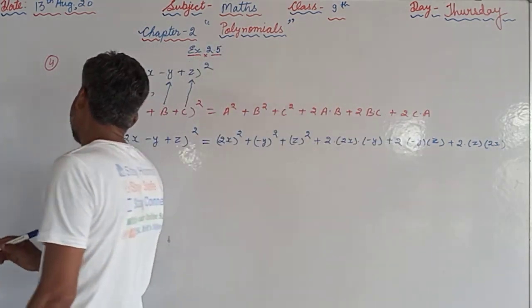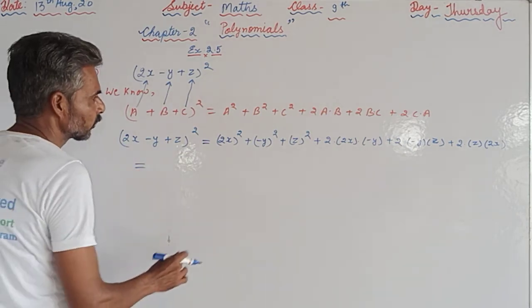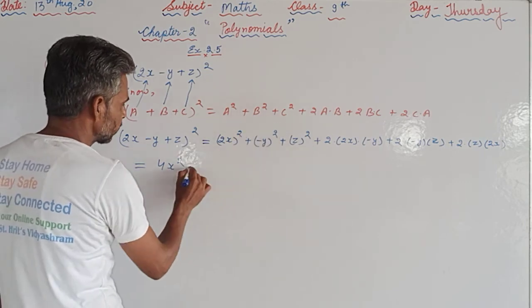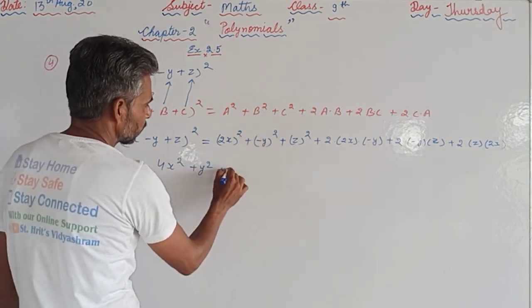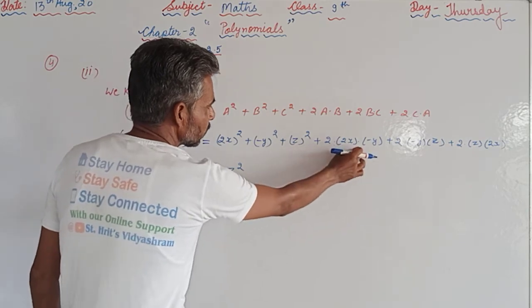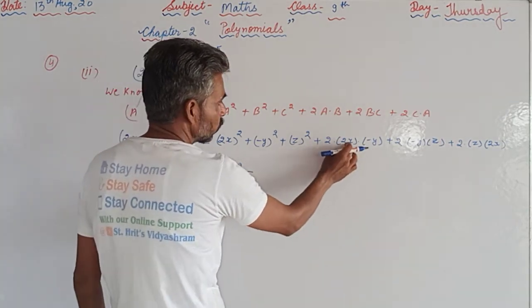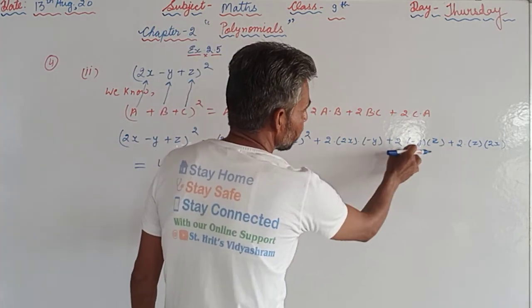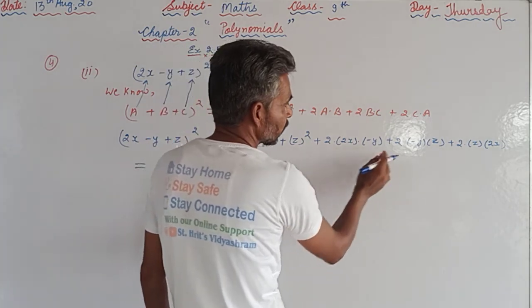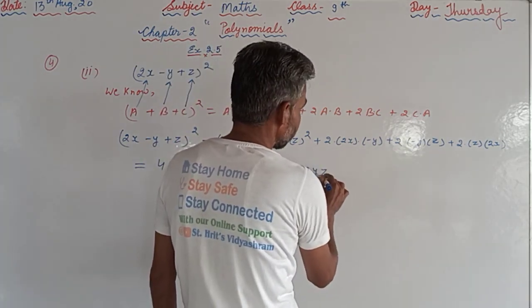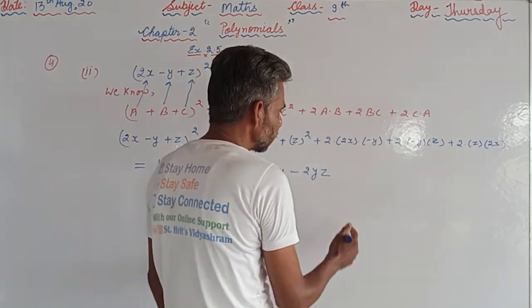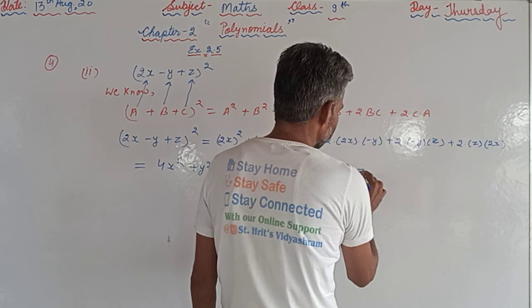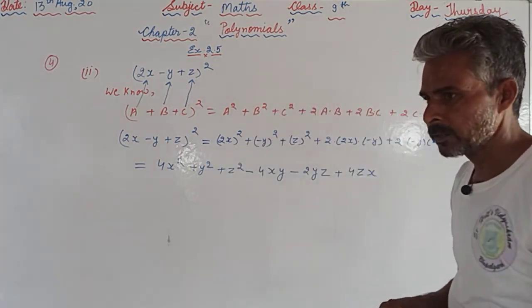Afterwards we write the answer in standard form. (2x) whole square means 4x square, (-y) whole square means plus y square, plus z square. In the first cross term there is a minus, so 2 into 2 is minus 4xy. In the second one a minus term is there, so the answer will be negative, minus 2yz. In the last term there is no negative term, so the answer will be positive, plus 4zx. So this will be the answer of this part.